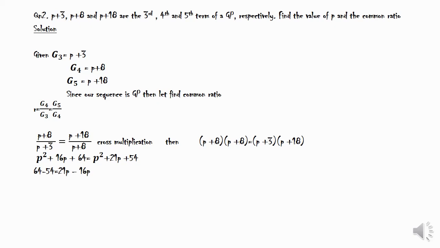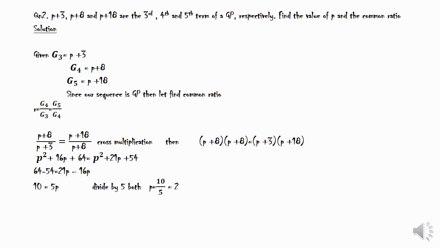So we take 54 to the left hand side and 16 to the right hand side of the equal sign. So we get 64 minus 54, you get 10, and 21p minus 16p, you get 5p, as you see there.